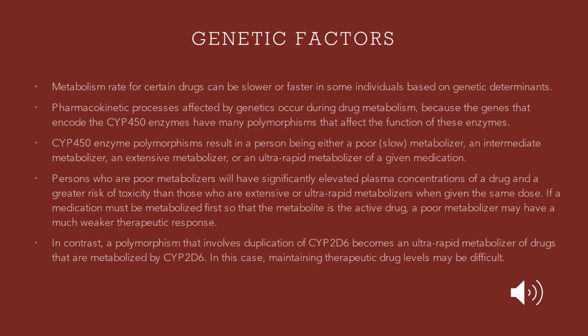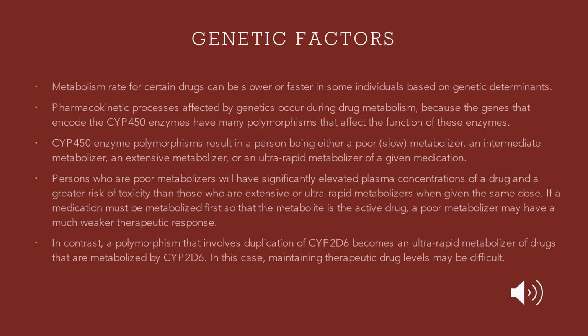Persons who are poor metabolizers will have significantly elevated plasma concentrations of a drug and a greater risk of toxicity than those who are extensive or ultra-rapid metabolizers when given the same dose. If a medication must be metabolized first so that the metabolite is the active drug, a poor metabolizer may have a much weaker therapeutic response.